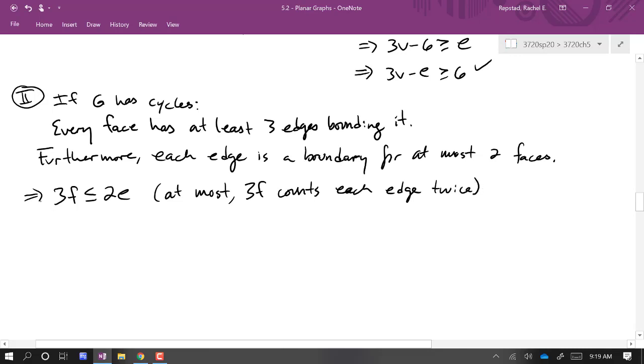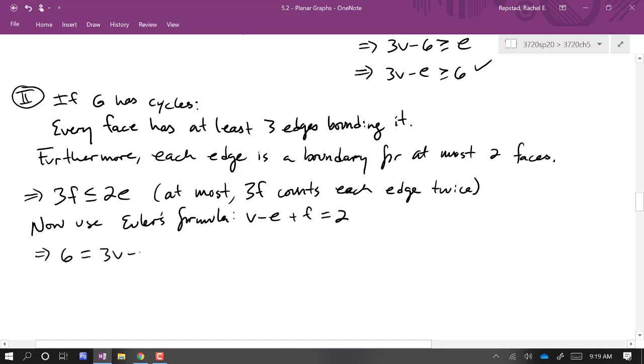So now we'll use Euler's formula, which is v minus e plus f equals 2. I'm going to multiply both sides of this equation by 3, so that gives us 6 equals 3v minus 3e plus 3f.